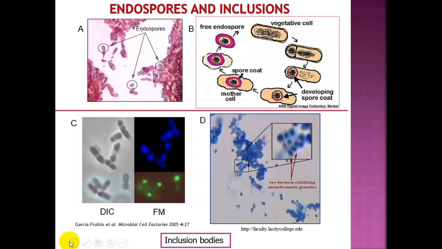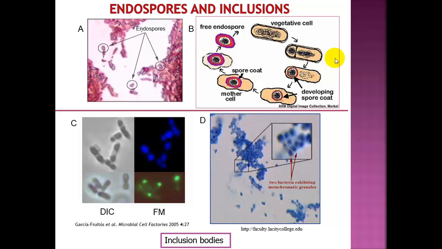Figures A and B in the top panel refer to endospores. In the top panel, figure A is a staining of endospores, as you can see them over here in these circles. Figure B is a schematic of the process of formation of endospores. It starts with a vegetative cell that divides unequally.